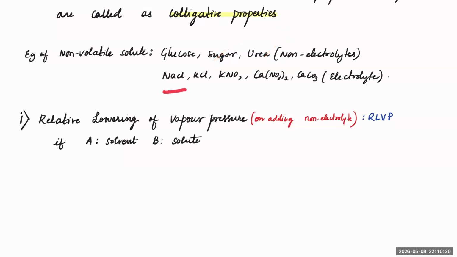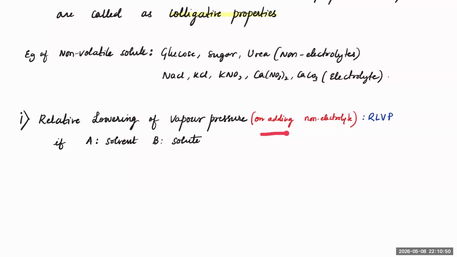While NaCl, KCl, KNO3, calcium nitrate, calcium carbonate, these are non-volatile solutes which on adding to water will start ionizing completely. So you'll start seeing Na plus and Cl minus, K plus and Cl minus forming like that.